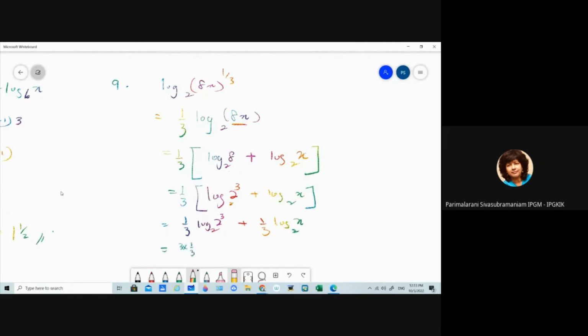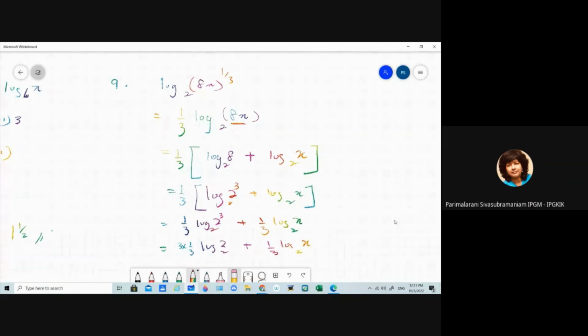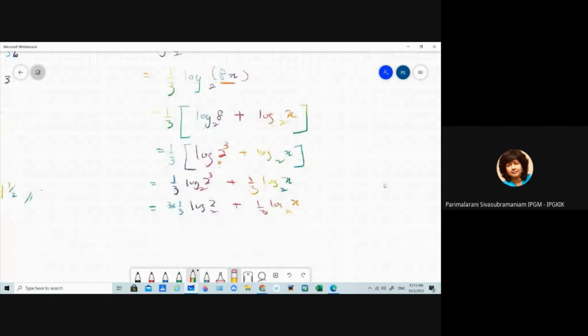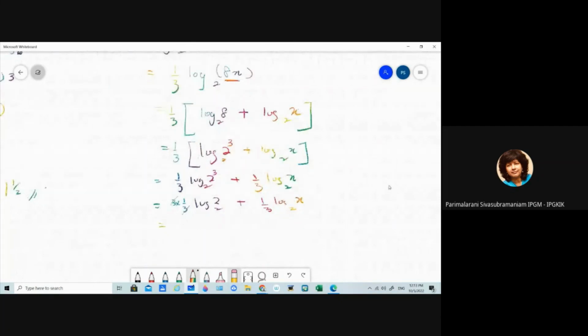We have 3 multiplied by 1 over 3 log 2 plus 1 over 3 log x base 2. Cancel this 3. We have log 2 base 2 plus 1 over 3 log x base 2. So log 2 base 2 is 1, plus 1 over 3 log x base 2. Okay, this is the simplified form.